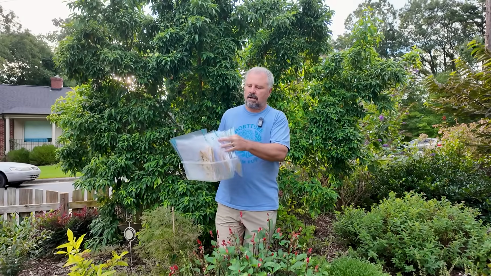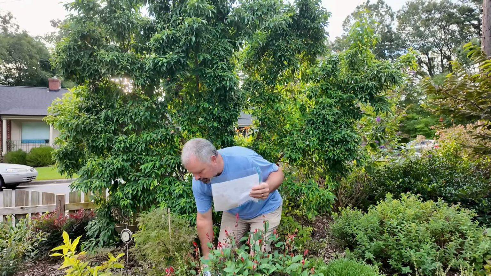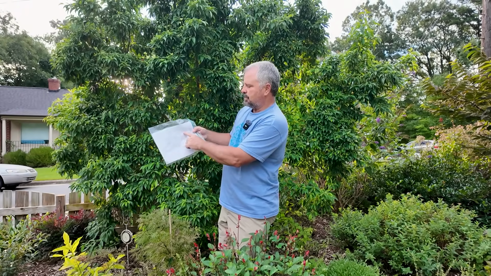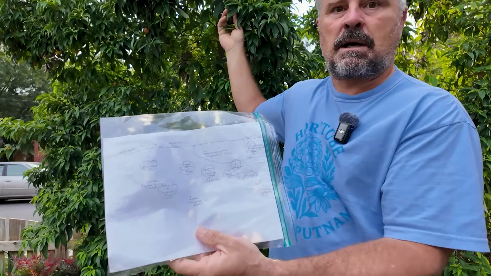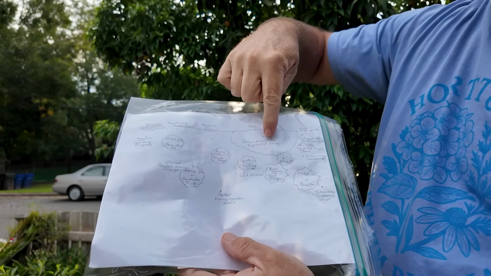In this box, they're in waterproof Ziploc bags. And just as one example here, this is Cornus angustata, Empress of China, or Cornus elliptica. There's a couple different species names this one goes by, but this is Empress of China.